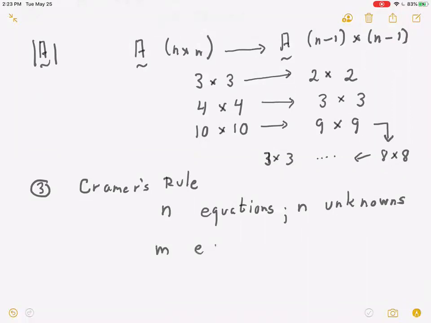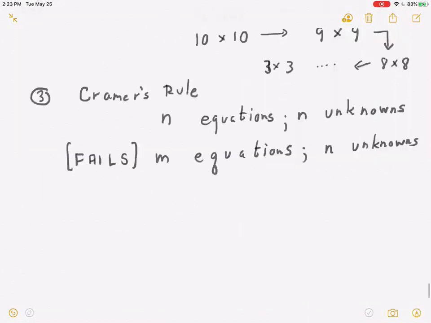You can imagine trying to solve a problem where you have m, as in Mary, equations and n, as in Nelson, unknowns. And there's no way in the world that Cramer's rule is going to help you with that problem. So we've got to do better. We need to do better.